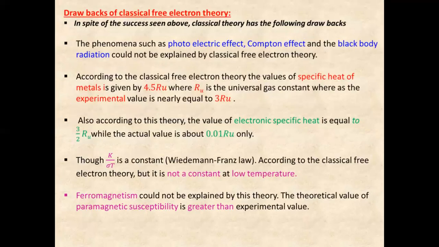Now, coming to the drawbacks. What are the drawbacks of classical free electron theory? Despite the successes seen above, classical theory has the following drawbacks. Phenomena such as the photoelectric effect, Compton effect, and black body radiation could not be explained by classical free electron theory.